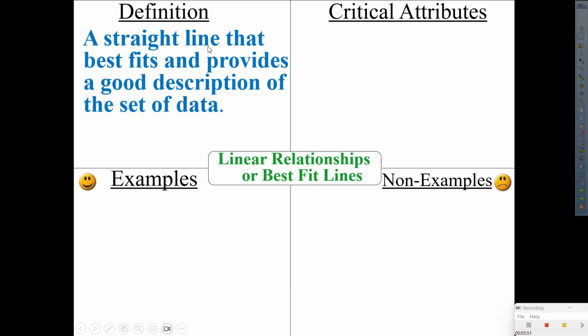A straight line that best fits and provides a good description of a set of data.